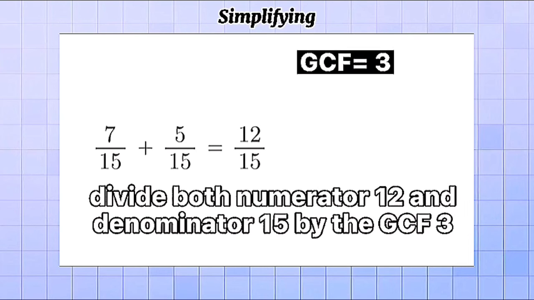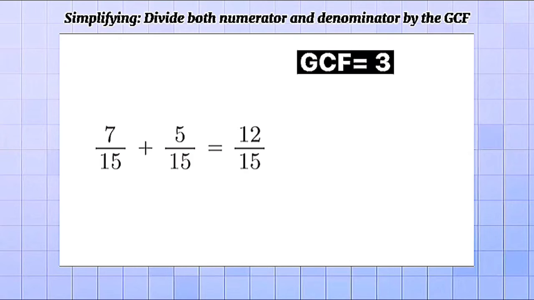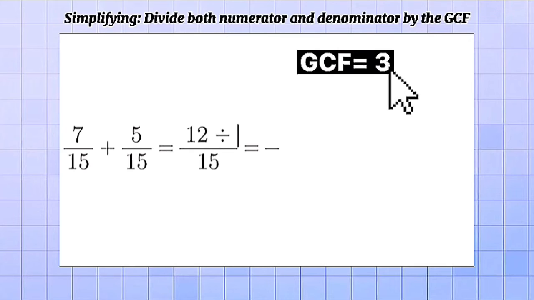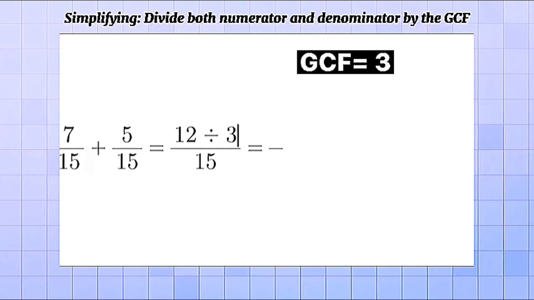The next step is to divide both numerator 12 and denominator 15 by the GCF 3. We have to follow the rule, which is to divide both numerator and denominator by our GCF. So 12 divided by our GCF 3, the answer is 4. And we put it right on our numerator.